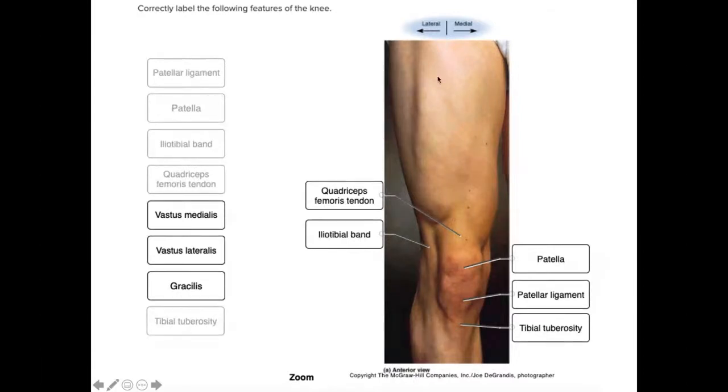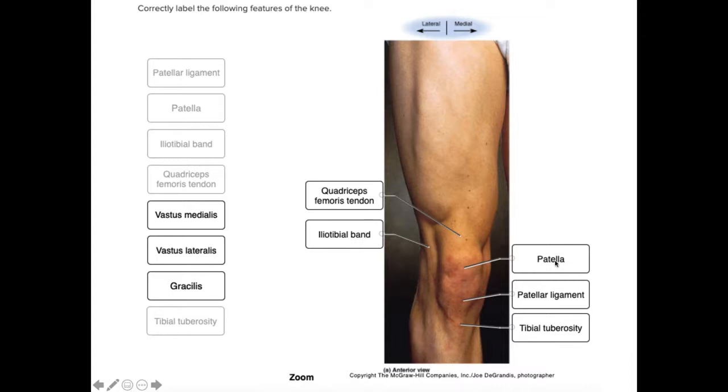When we look at the thigh, again, here are the terms medial and lateral. Medial is on the inside, lateral is on the outside. The quadricep muscles are up here. They attach to the patella by the quadriceps tendon. Tendons are what connect a muscle to a bone.